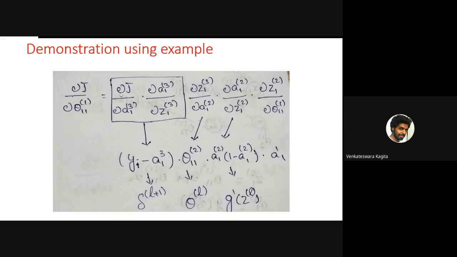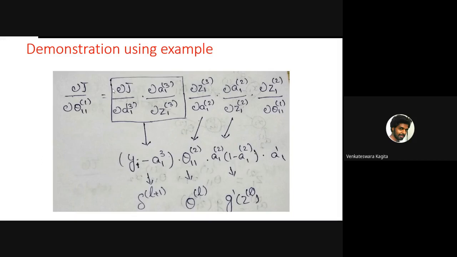So I can write it as this: derivative of j with respect to a13, derivative of a13 with respect to z13, derivative of z13 with respect to a12, derivative of a12 with respect to z12, and derivative of z12 with respect to a11. If you observe this, first let me finish this slide and I'll explain again.